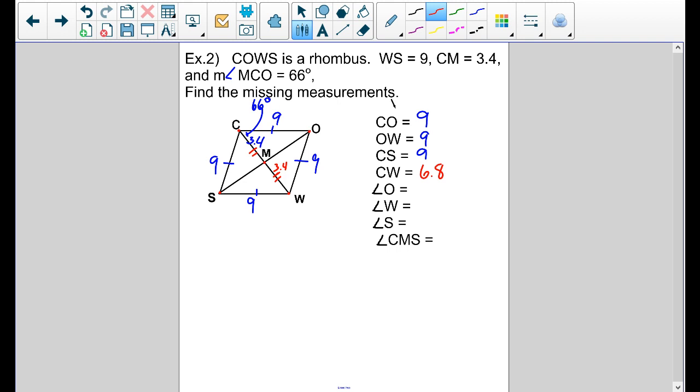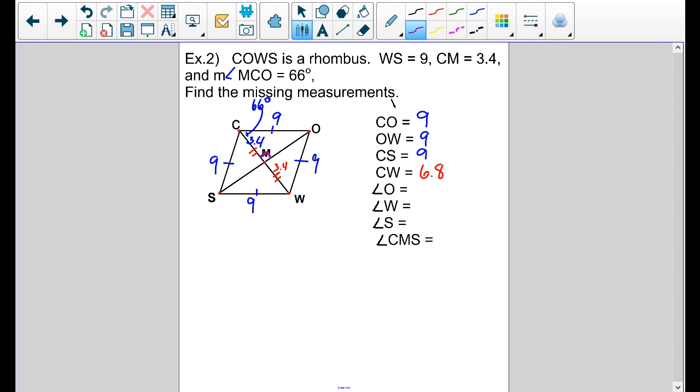Now, what do we know about the angles of a rhombus? One thing we do know about these diagonals is they connect and form 90 degrees, right? So we have 90-degree triangles here.